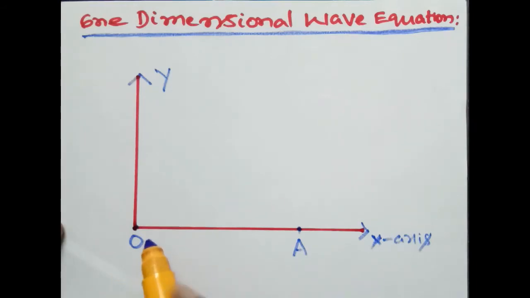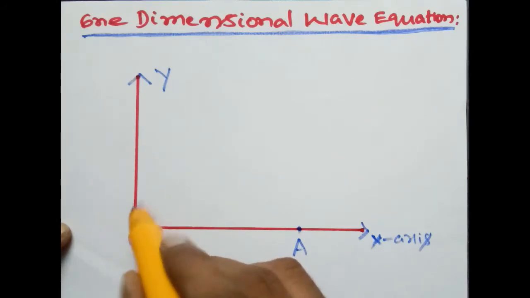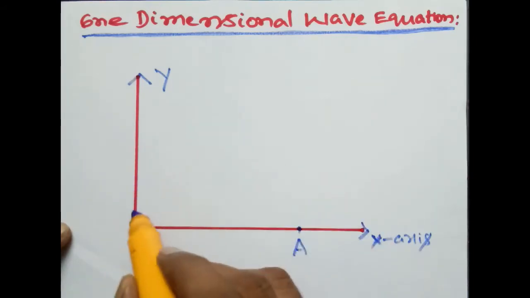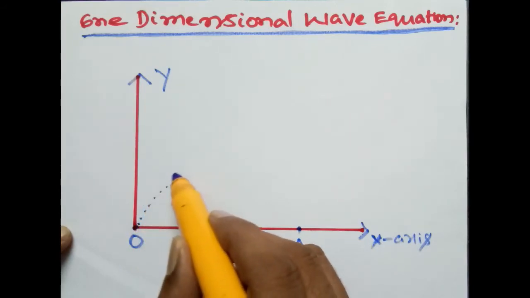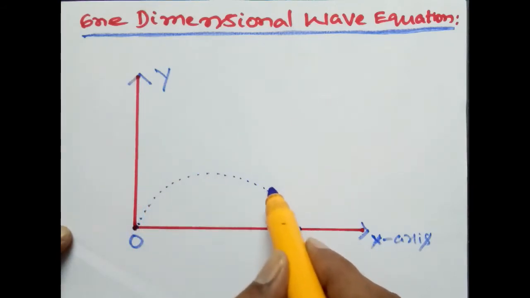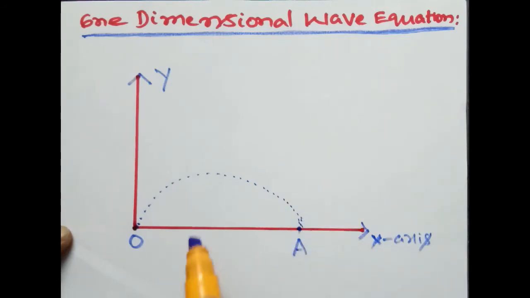Now a tightly stretched string is slightly displaced through a distance p p dash from its equilibrium position OA.